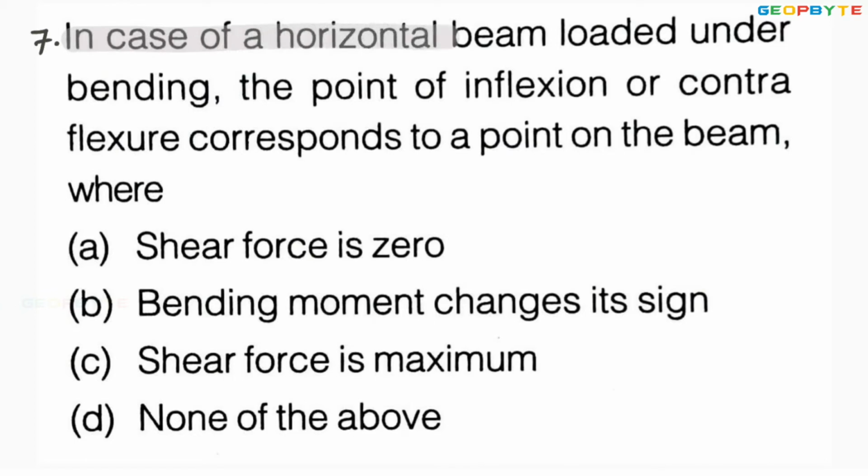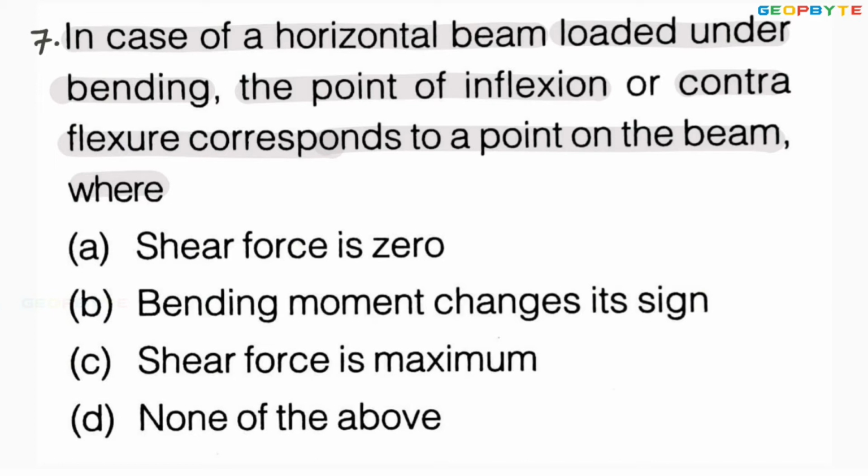In case of a horizontal beam loaded under bending, the point of inflection or point of contraflexure corresponds to the point of the beam where, generally point of contraflexure occurs in the overhanging beam. Point of contraflexure means the point where the bending moment changes its sign from positive to negative or negative to positive.